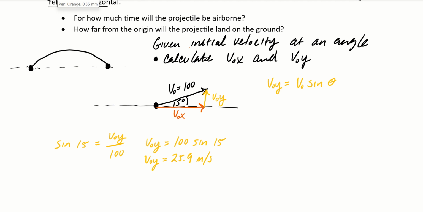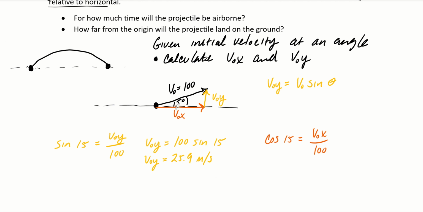We can use a similar strategy to find the initial x velocity. So instead of sine, I'm going to use cosine 15 is equal to initial x over 100. How did I get that?